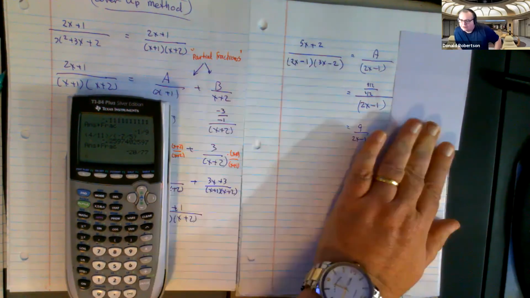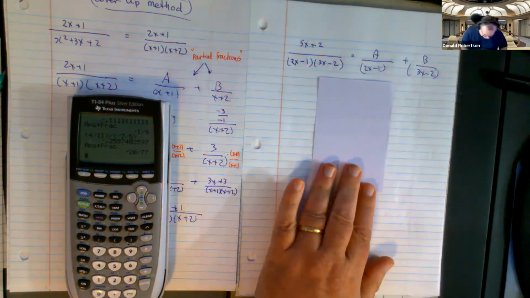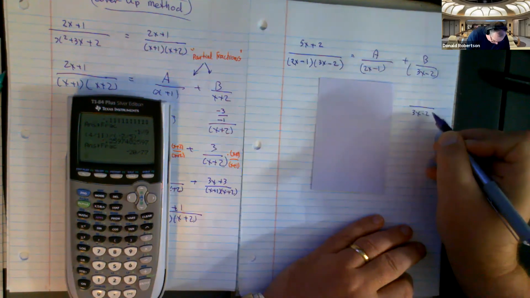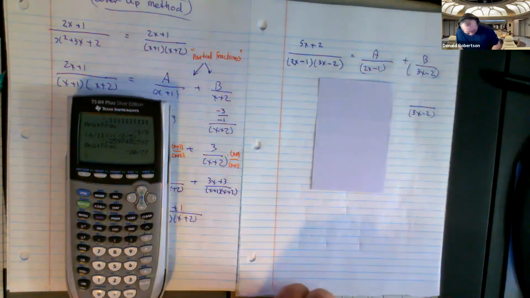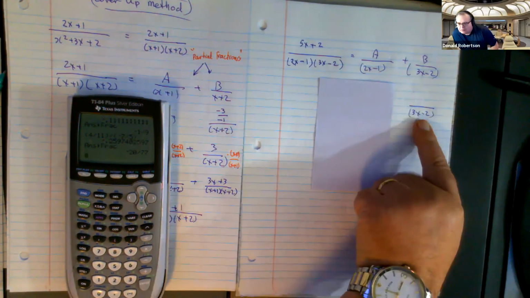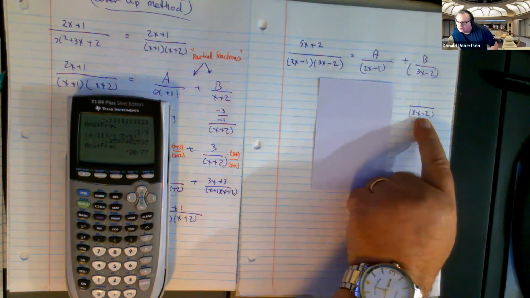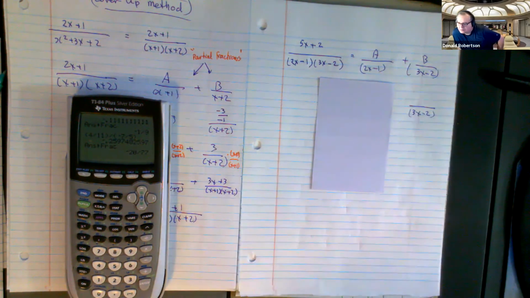Let's go for the other side. I don't know why this causes people problems, but it does. What value of x do you use in this situation here? Two-thirds. I think I heard it, 2/3.